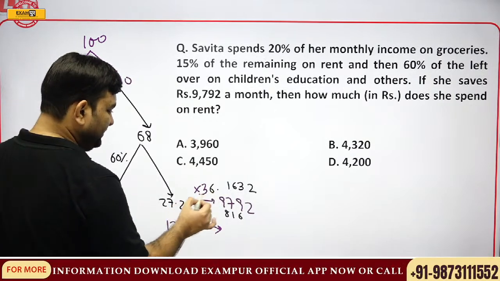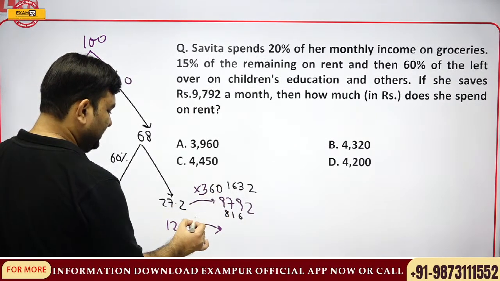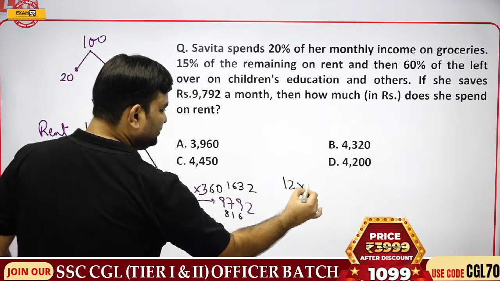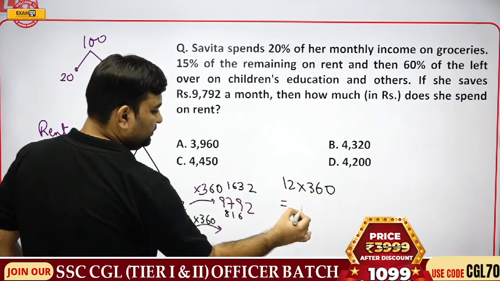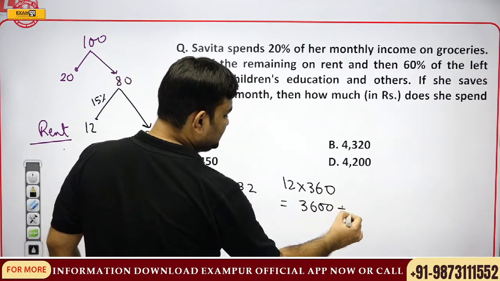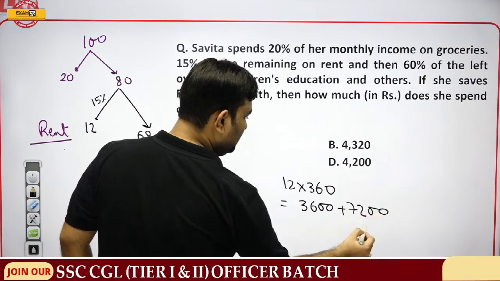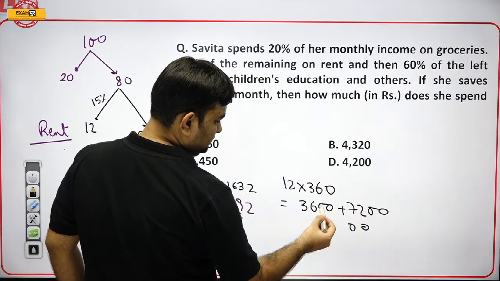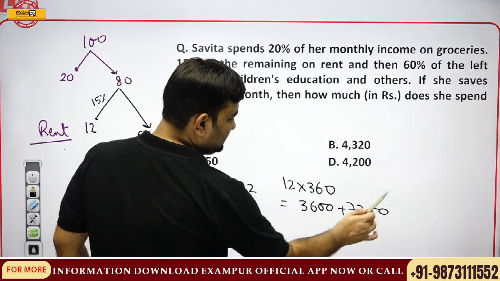So definitely decimal is also there. So 360 is the multiple. So the answer is 12 into 360, which is 3600 plus 720, that is 4320.